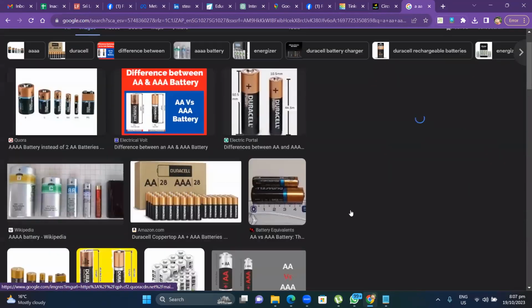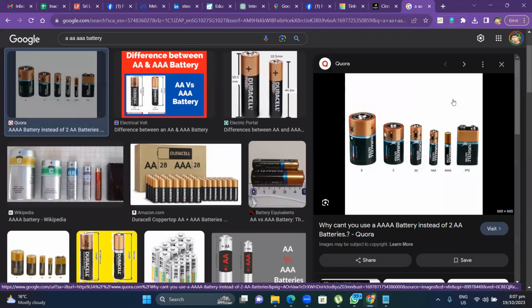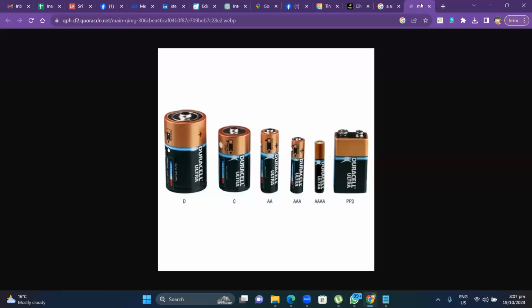Let me show this image, and you can see these are different types of batteries. AAA batteries are used for AC remotes and TV remotes. We are using AAA batteries mostly.